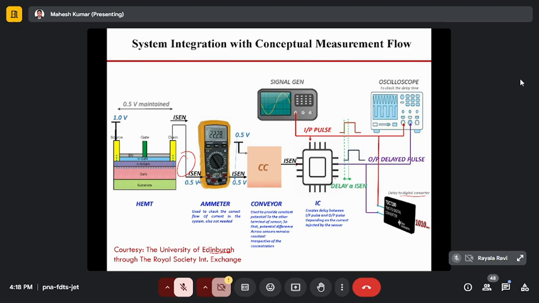So we are applying a constant potential to the other terminal of the sensor, so that the potential difference across the sensor remains constant irrespective of the concentration. Here we are keeping it constant, and now we are getting the delay in the pulses. Here we have the pulse, and in this oscilloscope we can measure how much delay there is when there is a change in the current.